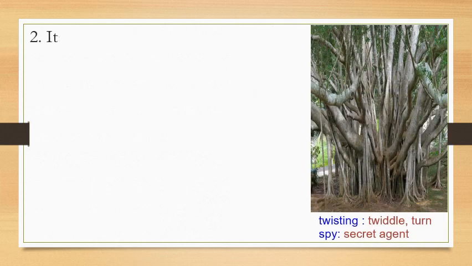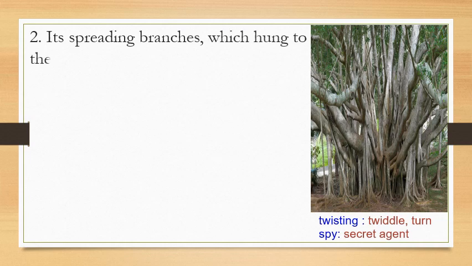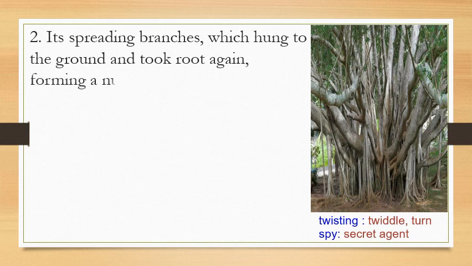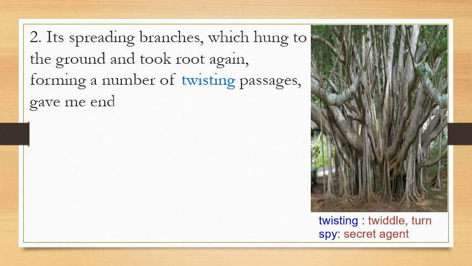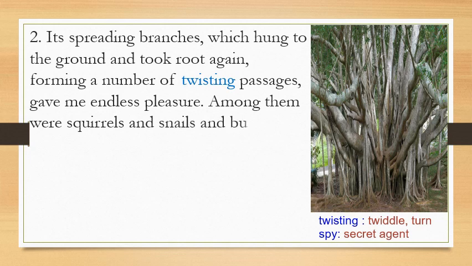Now let us move to the next paragraph. Its spreading branches, which hung to the ground and took root again, forming a number of twisting, means twiddle or turn, passages, gave me endless pleasure. Among them were squirrels and snails and butterflies.